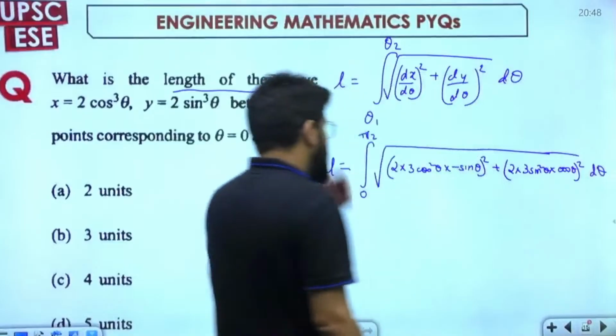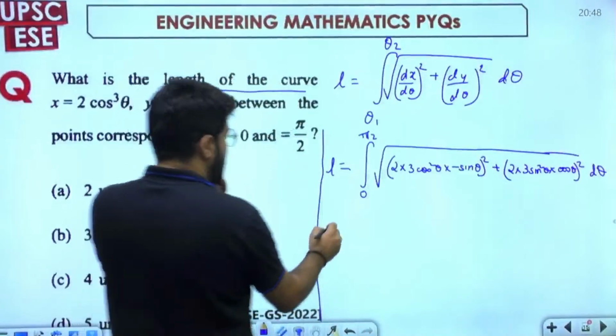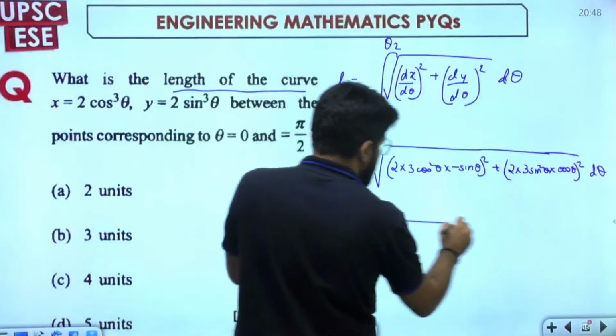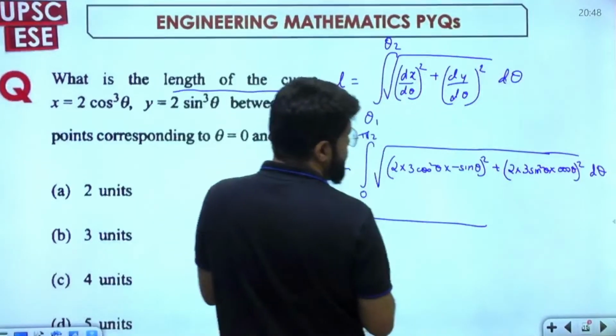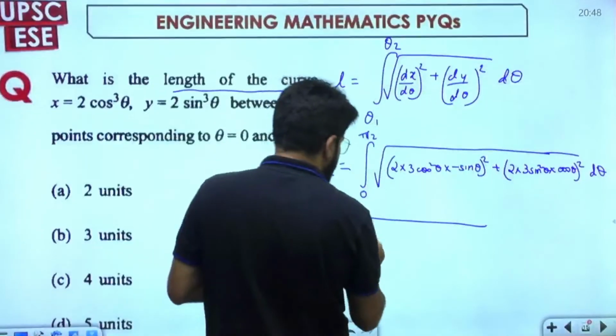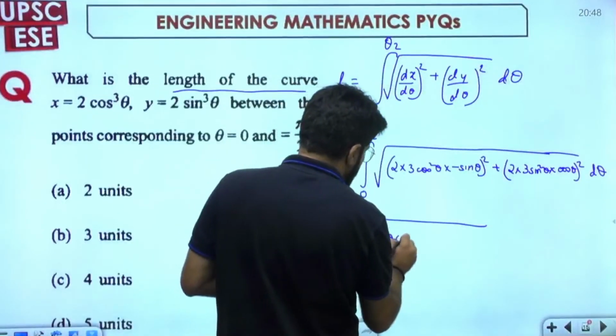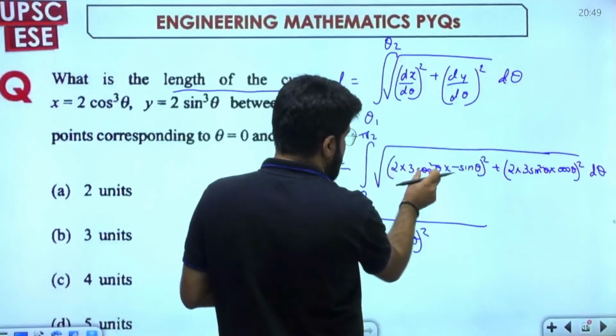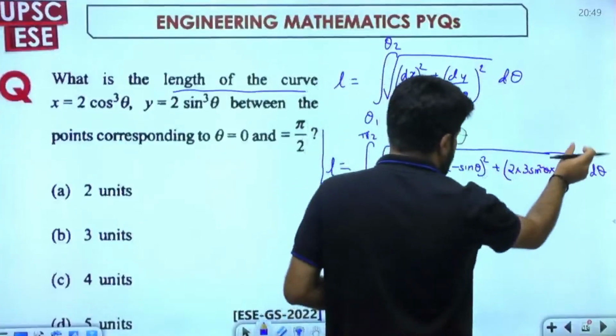See, there are some terms which are common. So what are the common terms? 2 into 3, 6, sin theta and cos theta. I can take 6 sin theta cos theta, and that too whole square.